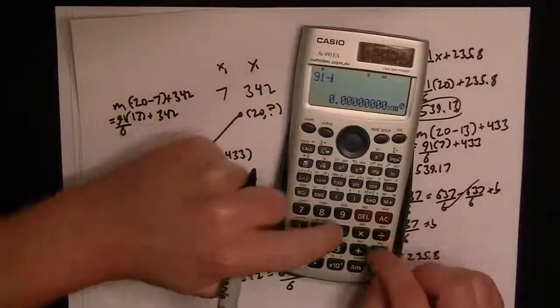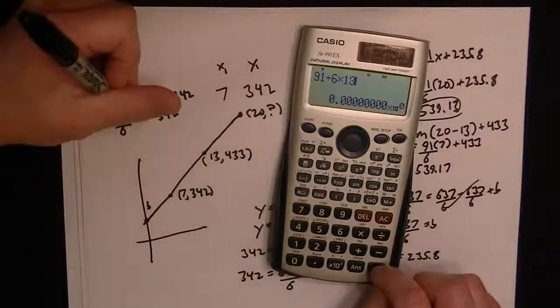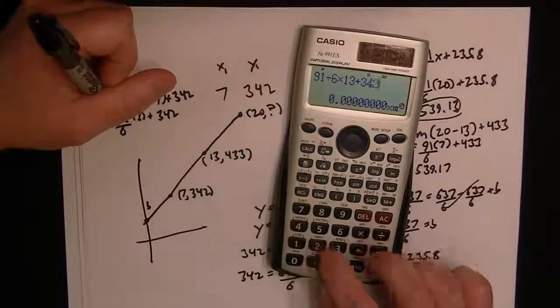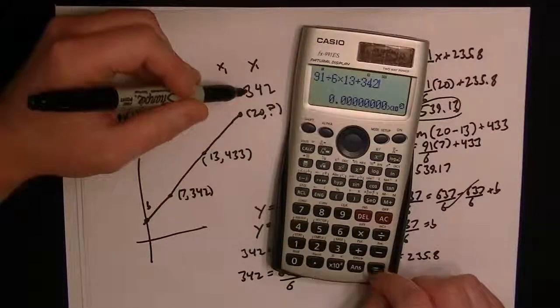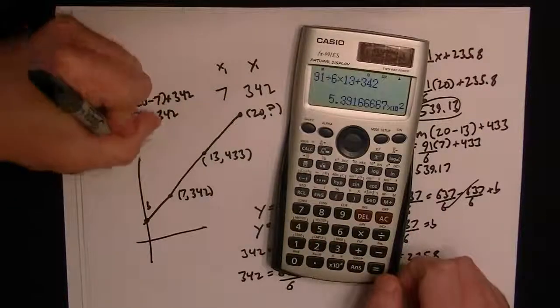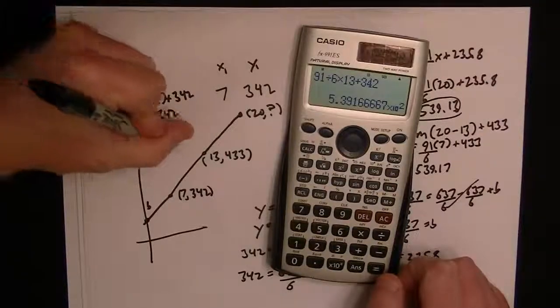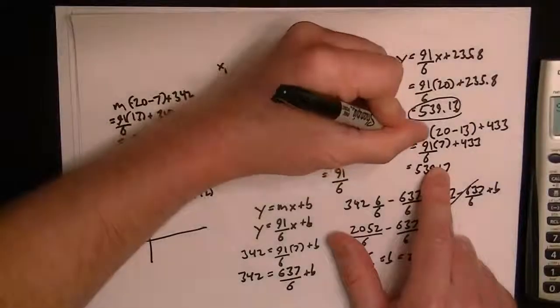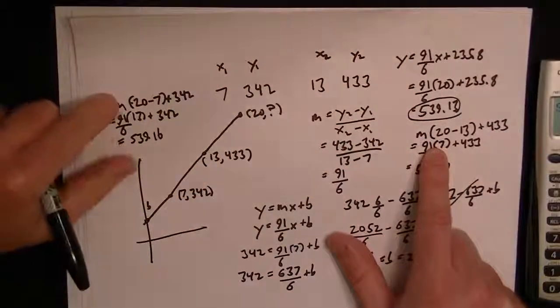That's the number of days that have elapsed times the growth rate plus the amount that he was earning on that 7th day, and that also gives you 539.16. So if you want to do it the quick way, you use either this way or this way.